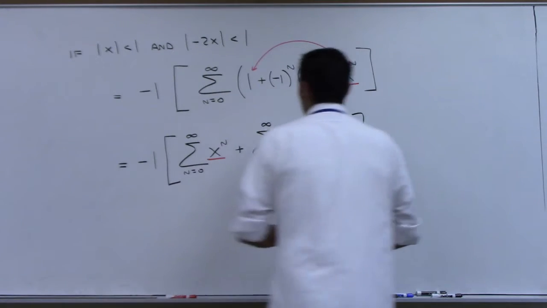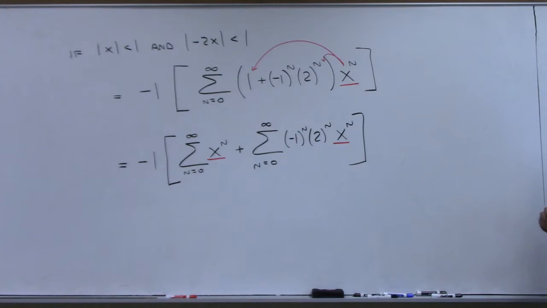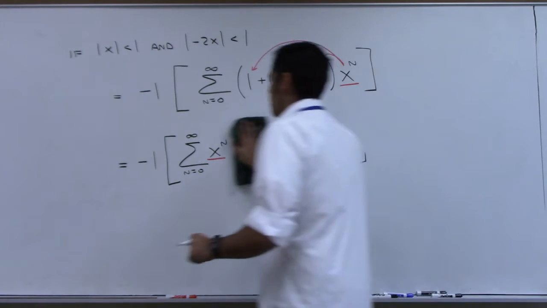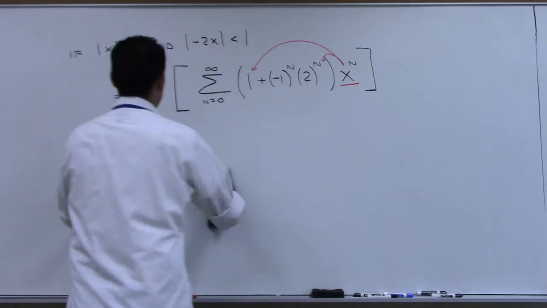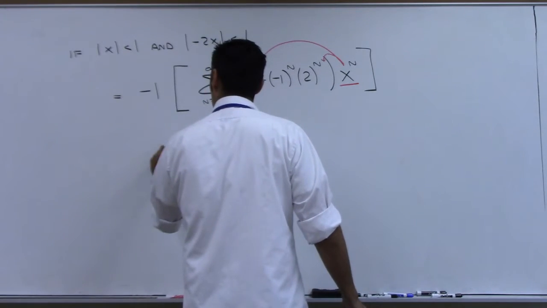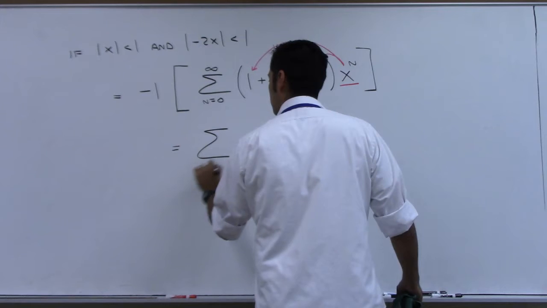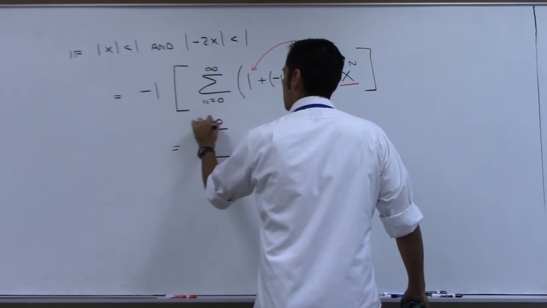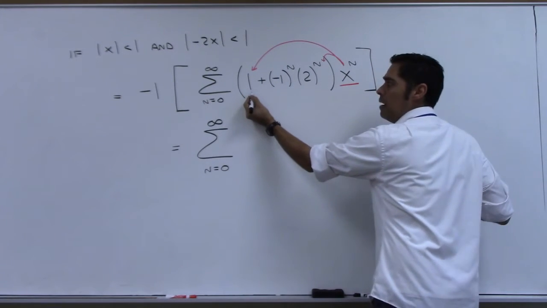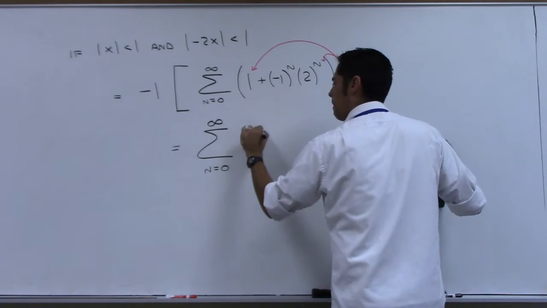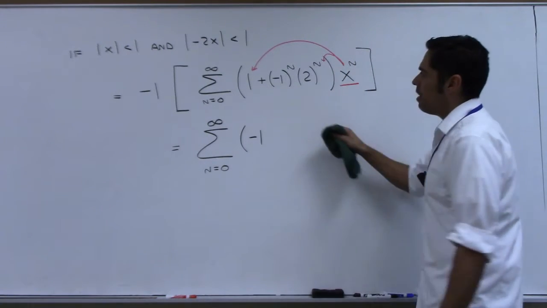All right, one more thing I'm going to do. I don't like that -1 sitting out there. I'm going to pass it back through. So what happens if I come through here with this -1? This equals, no more bracket here, because I'm passing a -1 through this sum. It changes this to -1. And then this, be real careful here.